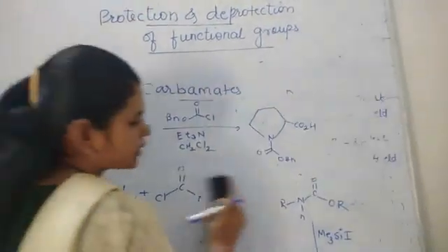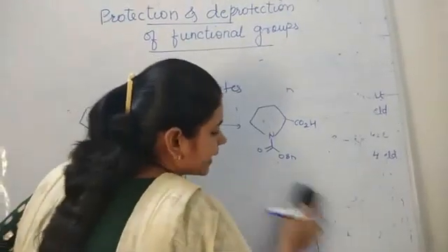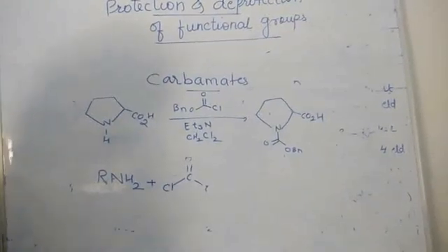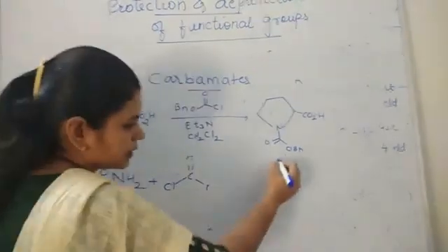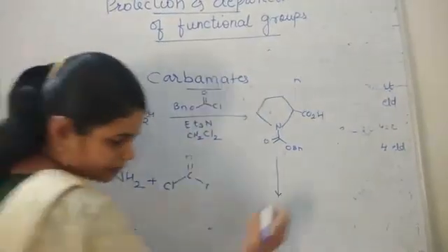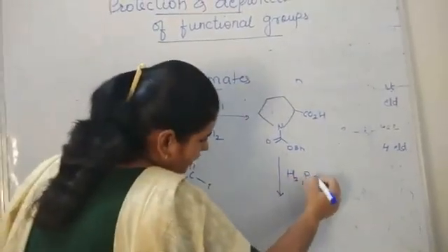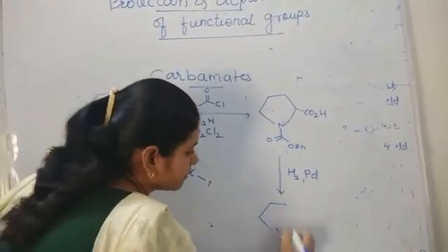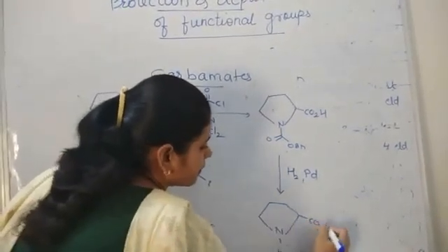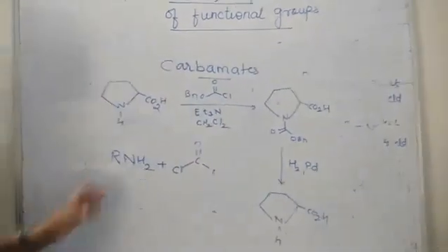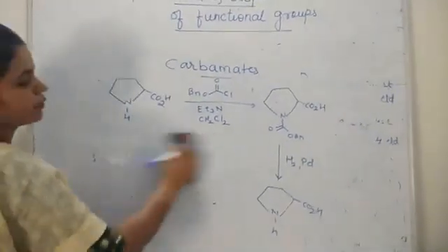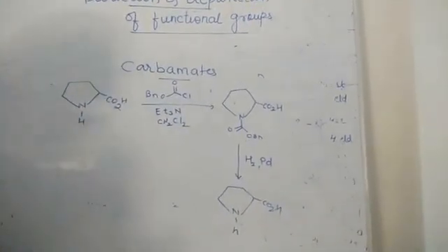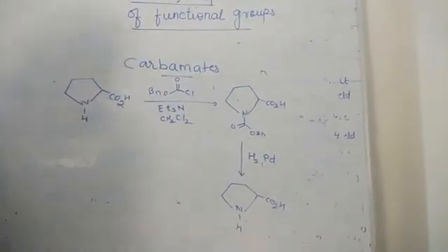We can perform any reaction on the other side because the reactive amino group gets protected by using this carbamate, and now further this can be deprotected by using H2/Pd. By using H2/Pd, your compound gets recovered. Okay, so this is also one of the examples we can try under carbamates. This is the second method for protecting amines.